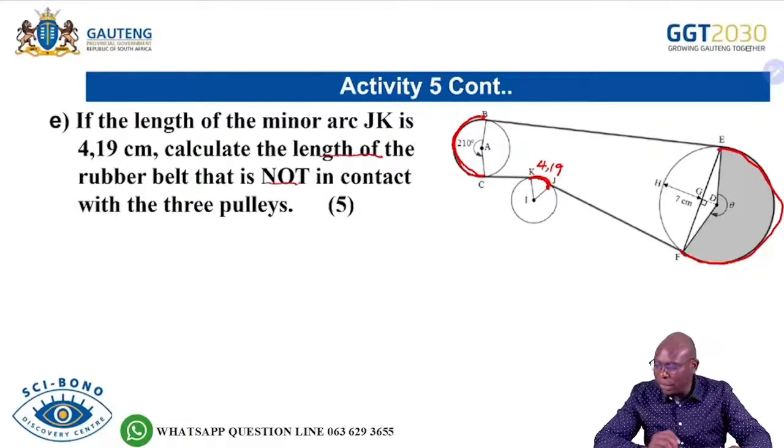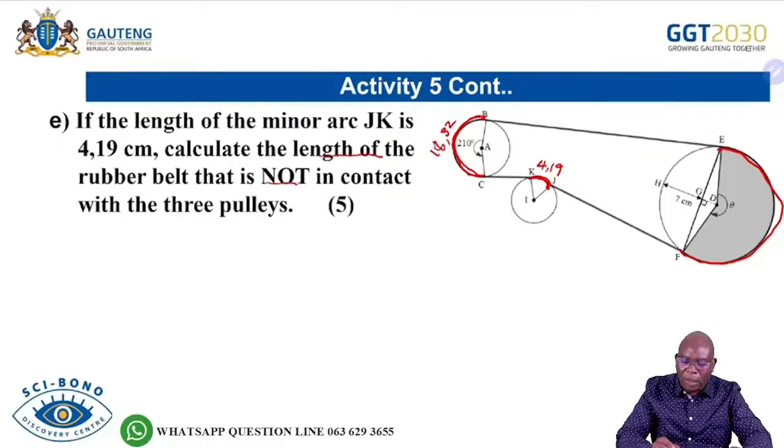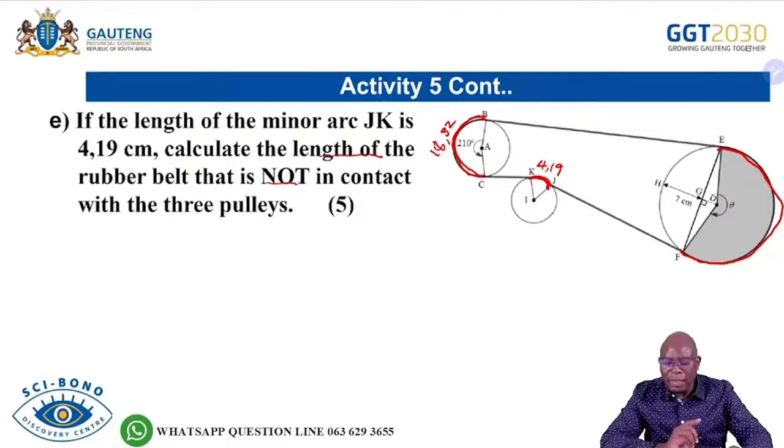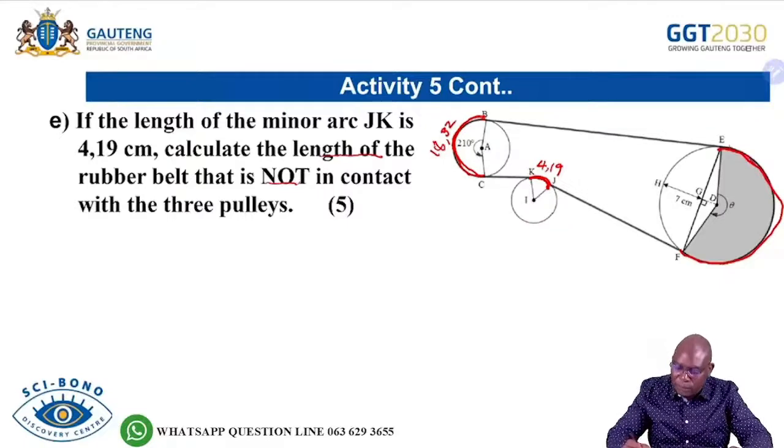So I know that the other one that I got was 18.32. Remember I got the length of EF. Then the one that I need now is this one. I haven't calculated this one, remember? This one I have, that one I have, but I need that part.